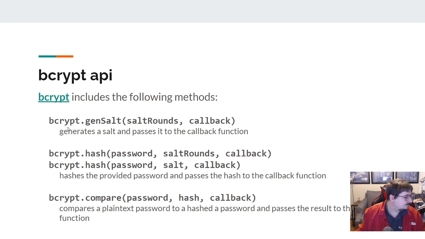Okay. So, did you say what a salt was? I haven't yet. A salt is a common technique that we use when we're hashing passwords. If you just straight up hash a password without a salt, then every time I take in a password, I always get the same hash out.